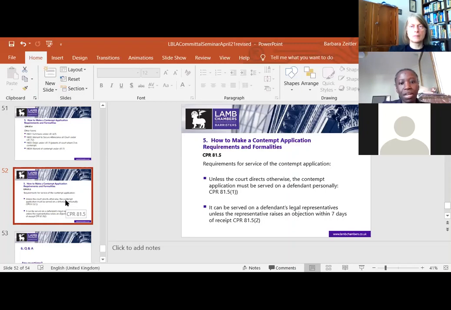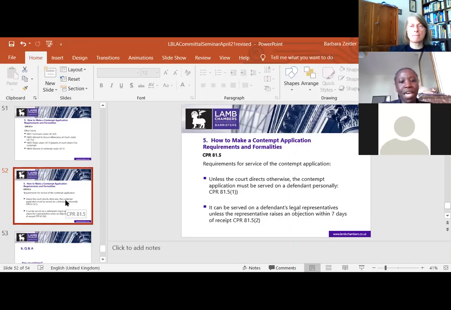But there is something that I wanted to quickly jump back and touch on in terms of Form N600 that Barbara referred to, and that was the issue of confirming whether the defendant understood the terms of the injunction that they were breaching. I think that ongoing duty to assess whether the defendant has capacity to understand the terms of the injunction against them cannot be underestimated.